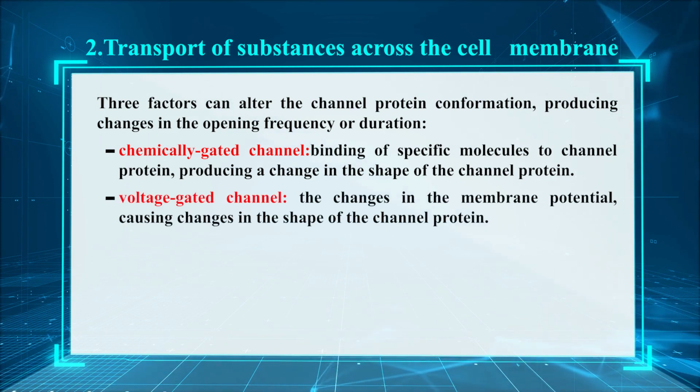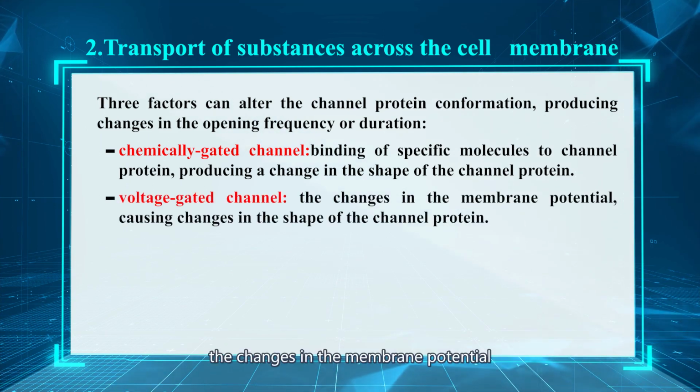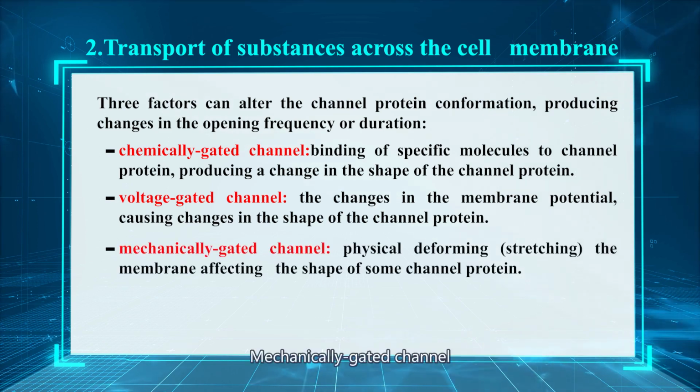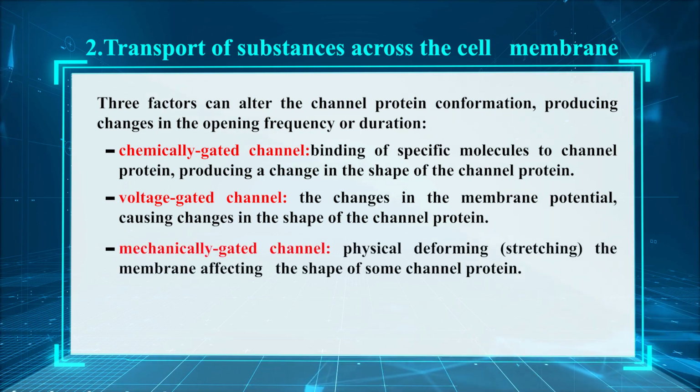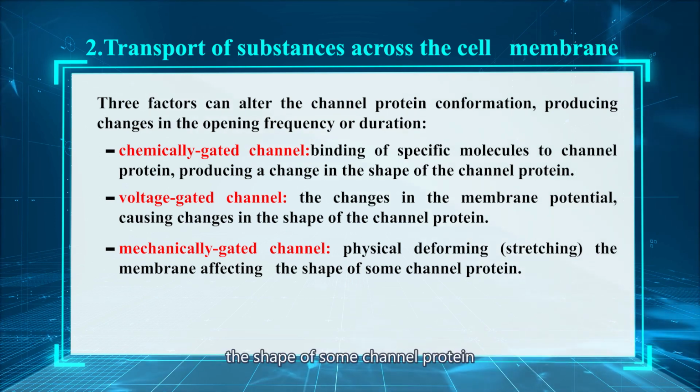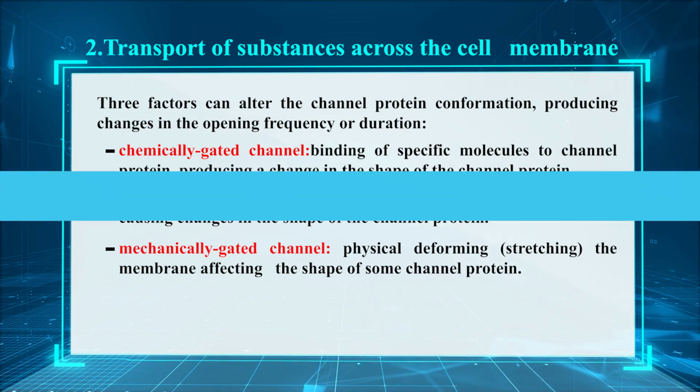Voltage-gated channel: changes in the membrane potential cause changes in the shape of the channel protein. Mechanically gated channel: physically deforming the membrane affects the shape of some channel proteins.